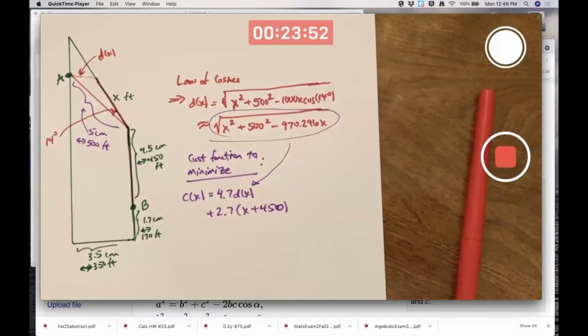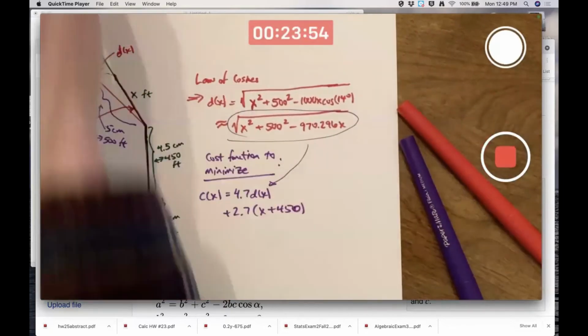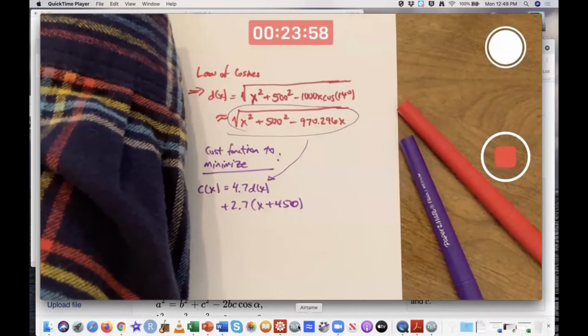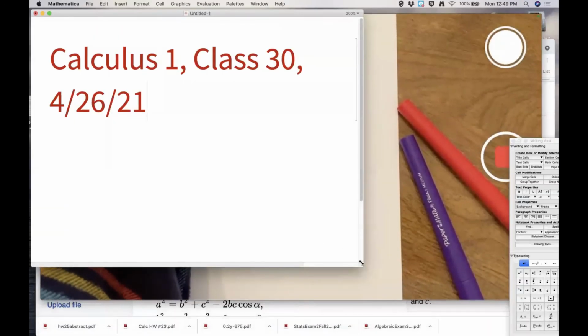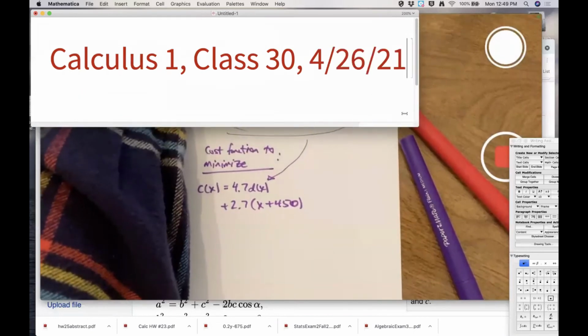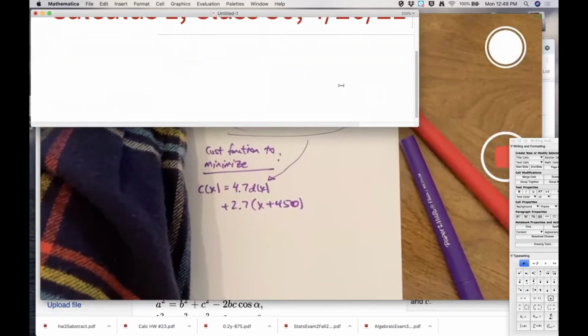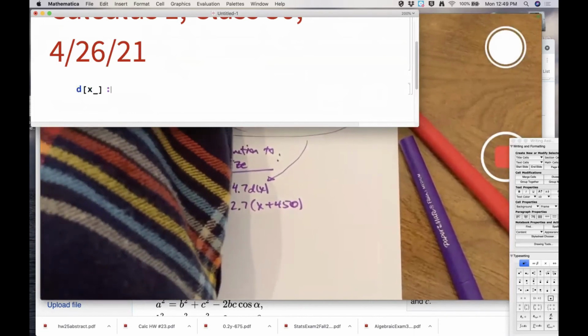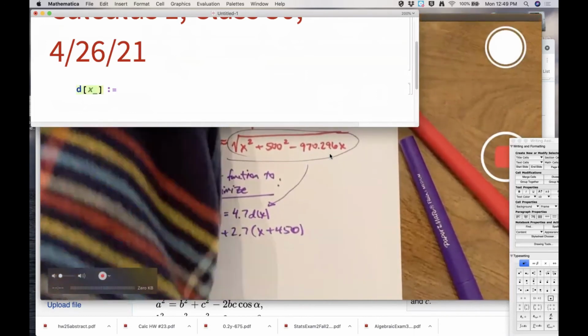Oh, we're so close. Let's go ahead and use Mathematica to minimize this. We might as well here. I'll go ahead and type in the d of x as a square root.